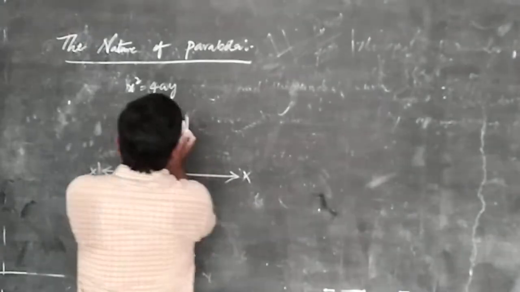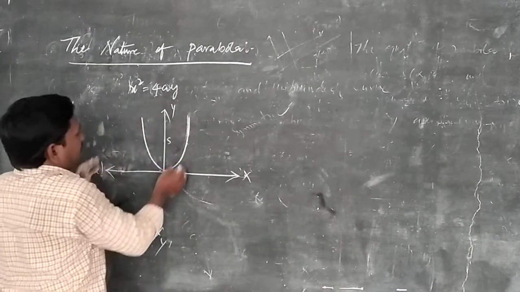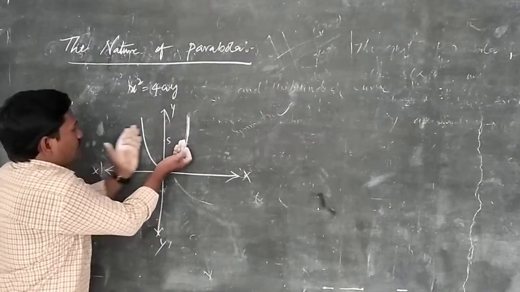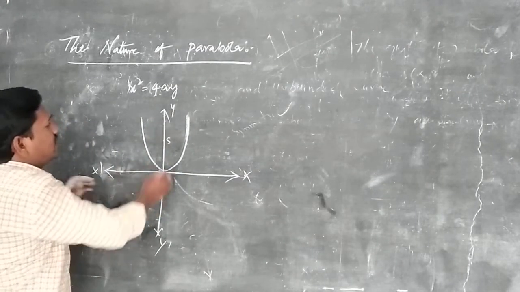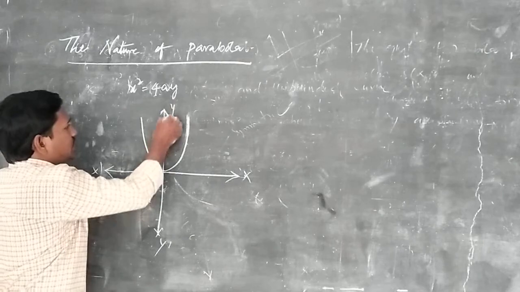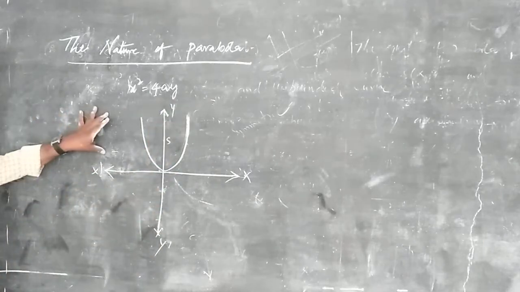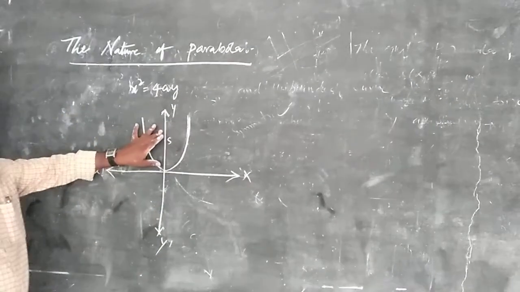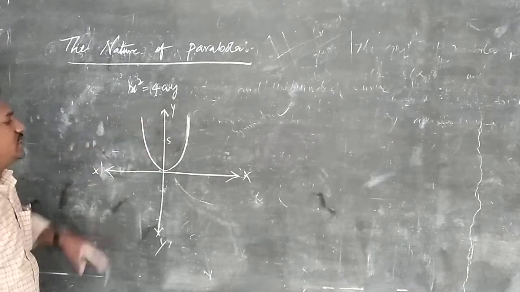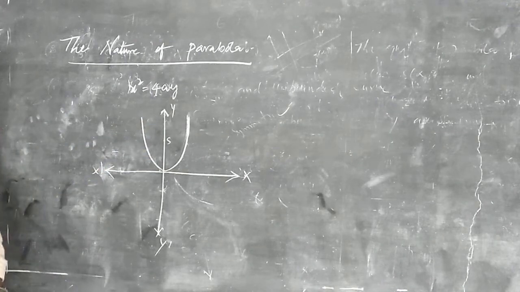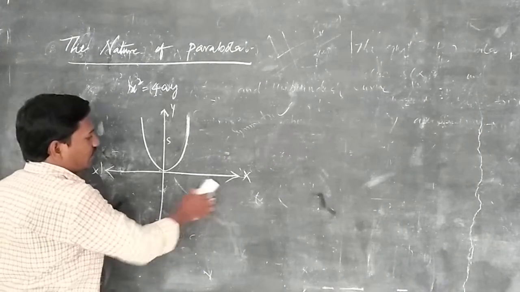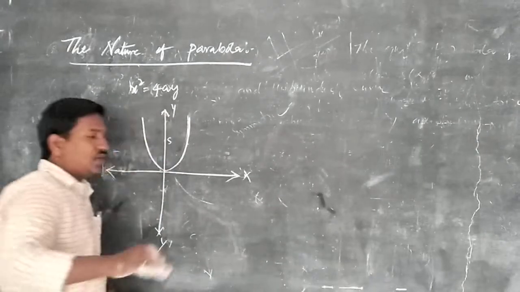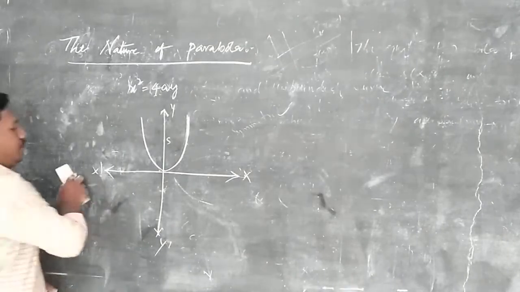So the parabola is symmetric about the y-axis. When you fold it, it comes the same shape and size. So the parabola is symmetric about x-axis and y-axis. And the third point: if x approaches infinity, y also approaches infinity.